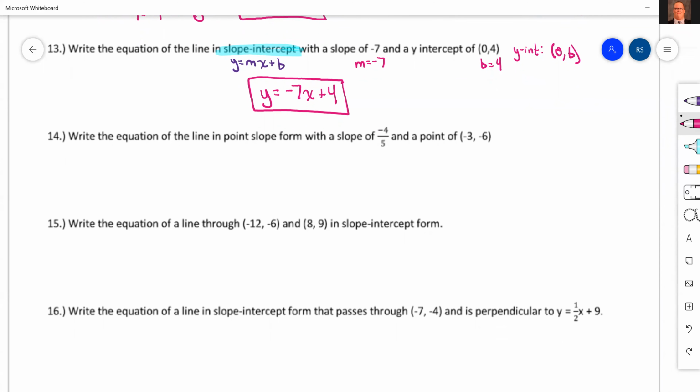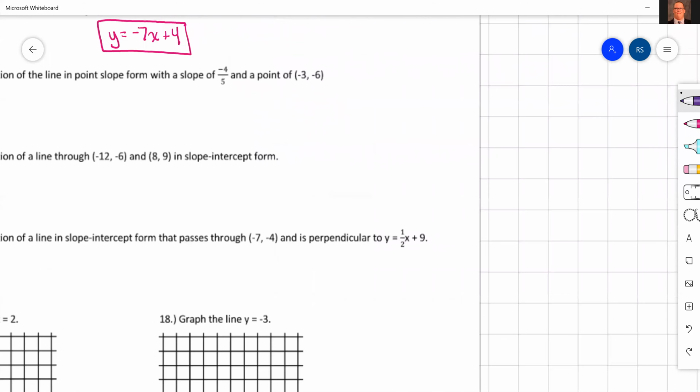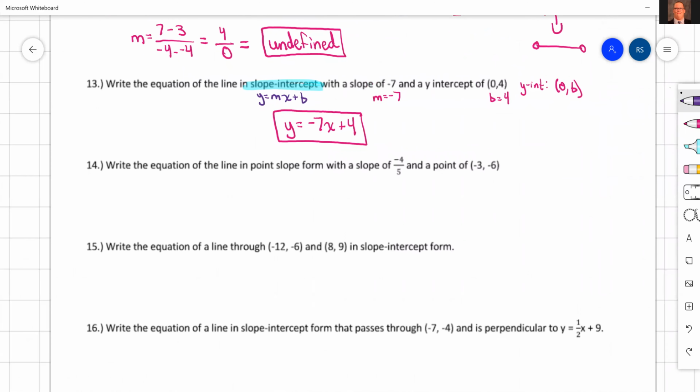Fourteen asks us to write the equation of a line in point slope form. Point slope form. What form is that one?